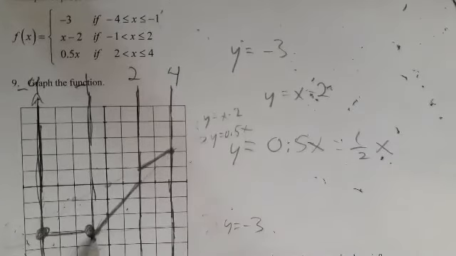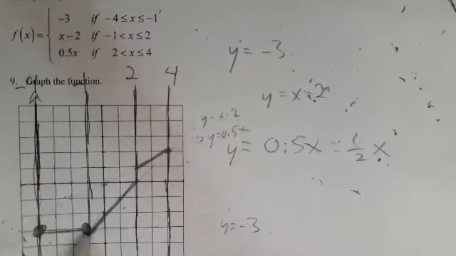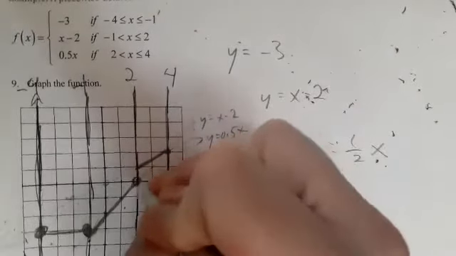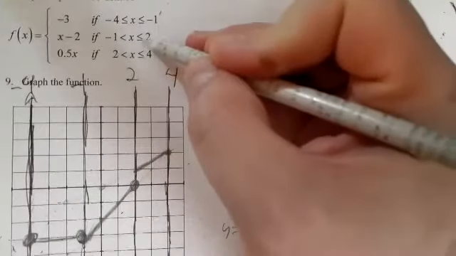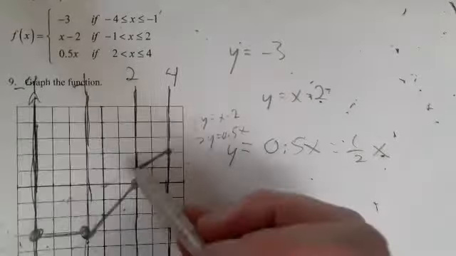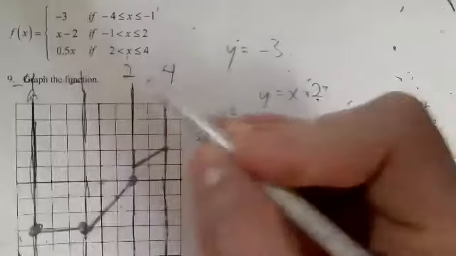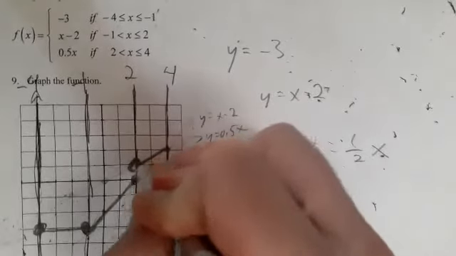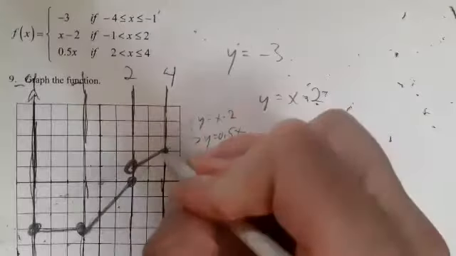But we have an open endpoint over a closed endpoint, so it becomes closed. We include the point, so it's still there. This one should be solid because this thing up here is inclusive. This one should be empty, and this one should be solid.